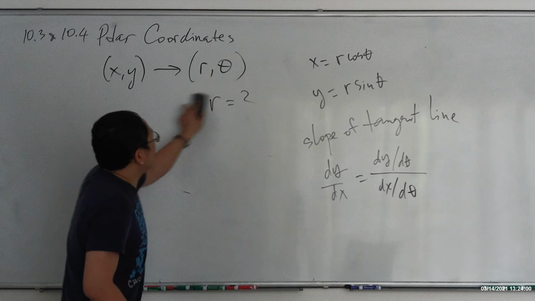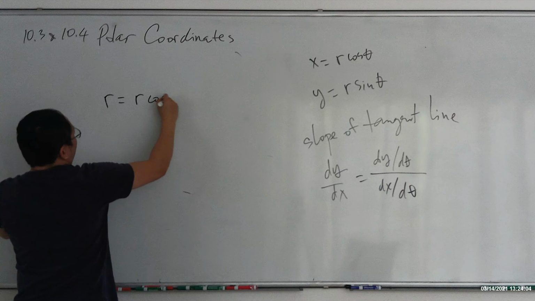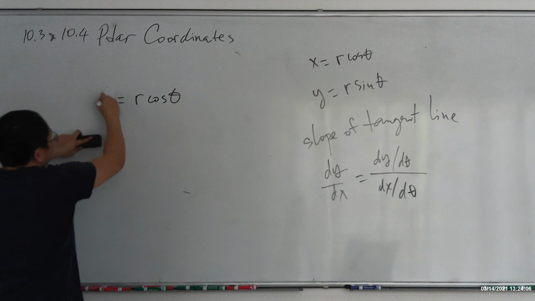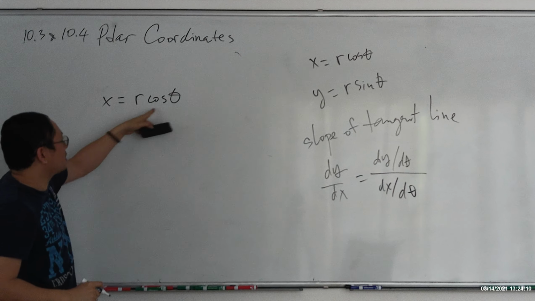So a little bit of calculation in here. If x is equal to r cosine theta, keep in mind that r is not a constant, okay? r is a function of theta.